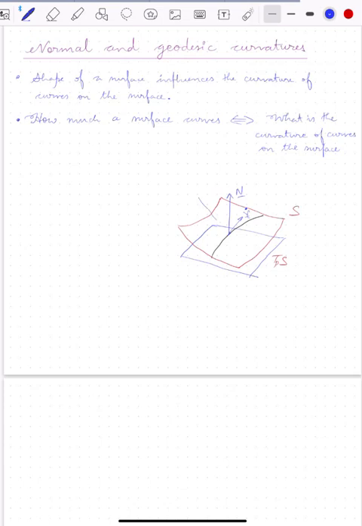So it has to be this. And let's draw it slightly longer. So this is the n vector.